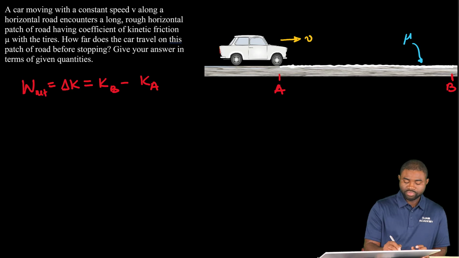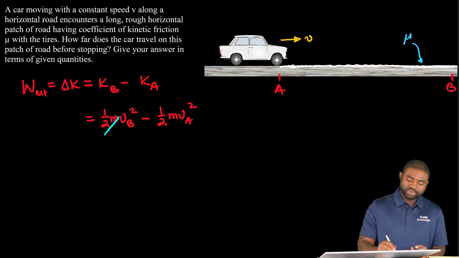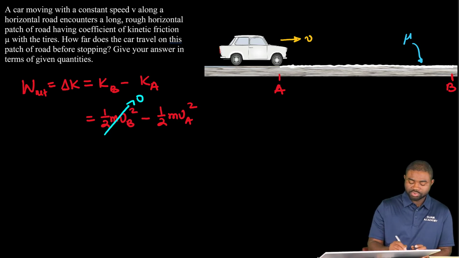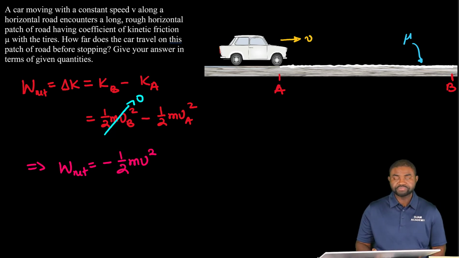Quite easily, the change in kinetic energy is just 1/2 m Vb squared minus 1/2 m Va squared. The good news is the final speed is 0. So this would mean that the net work done is equal to negative 1/2 m Va squared, which is just negative 1/2 m v squared.